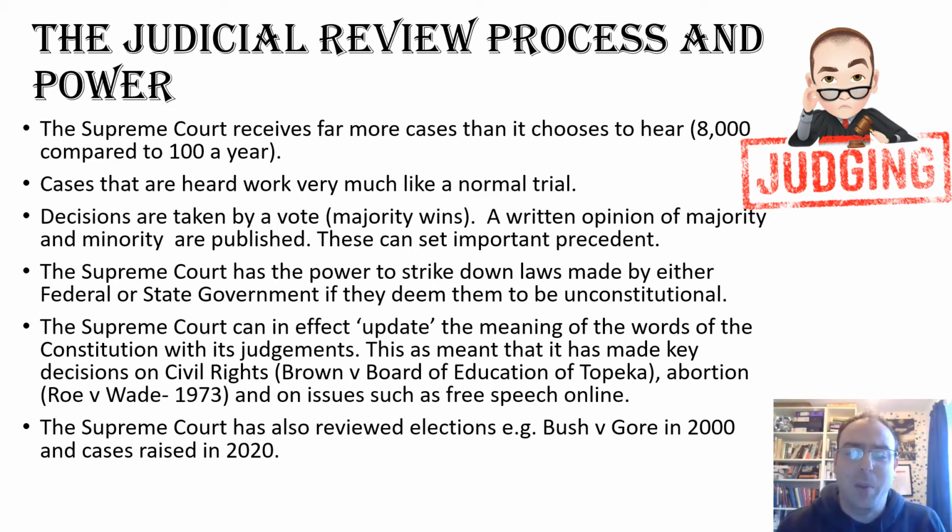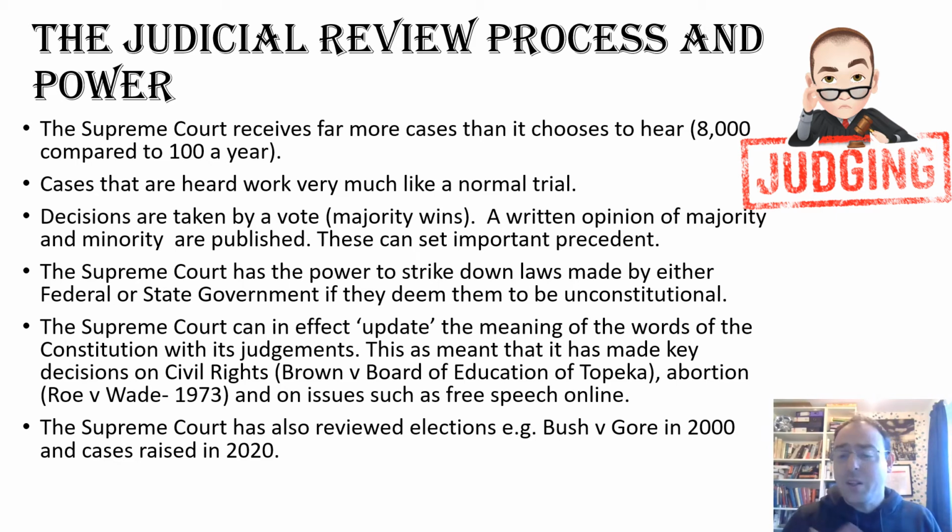The Supreme Court has the power to strike down laws made by either federal or state government if they deem it to be unconstitutional. Again, we'll look at the origin of that shortly. The Supreme Court can, in effect, update the meaning of the words of the Constitution with its judgments. So those majority opinions, in particular, start to form essentially part of the Constitution going forward.